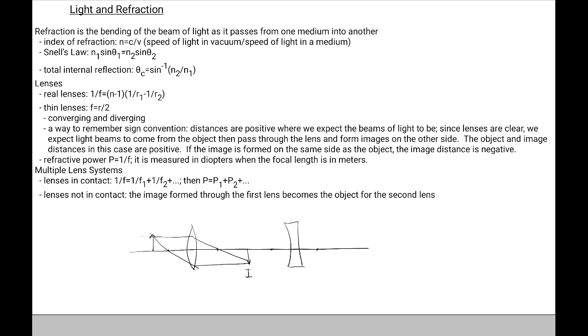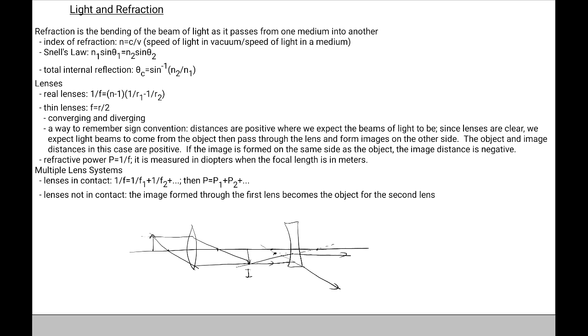focal points. So I'm going to draw a line that's parallel, and it goes this way, it refracts in that direction, and then the other line that starts towards that focal point will refract parallel to the principal axis, so the final image will be here.